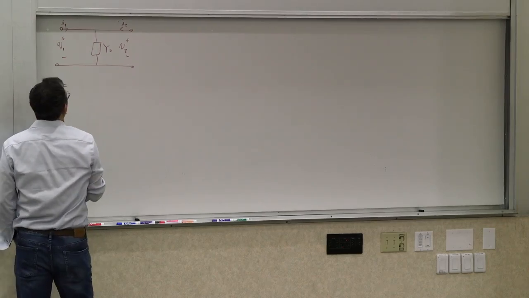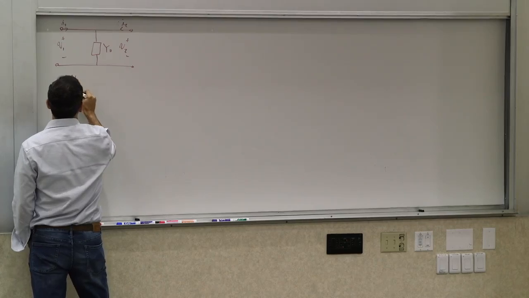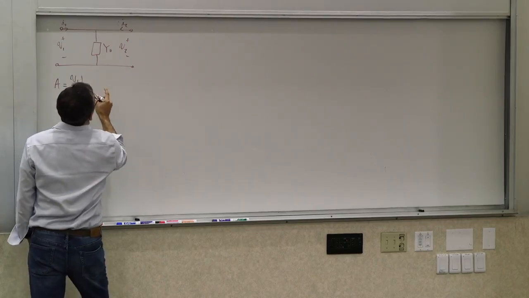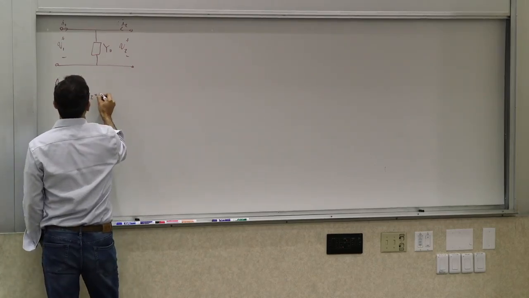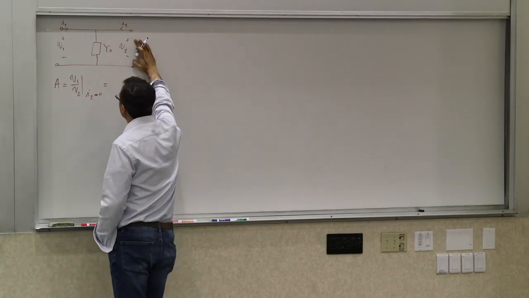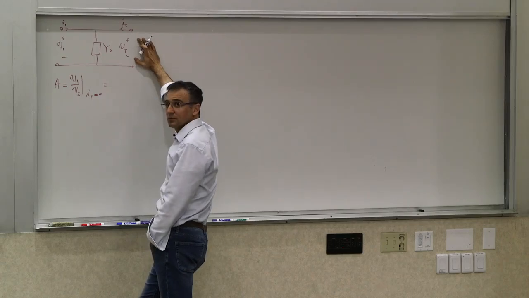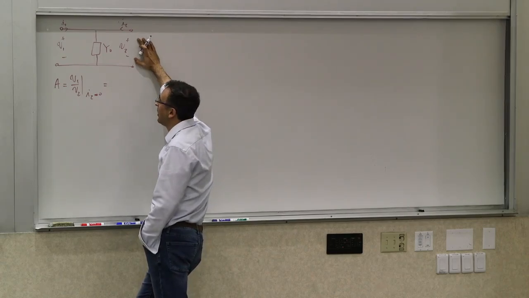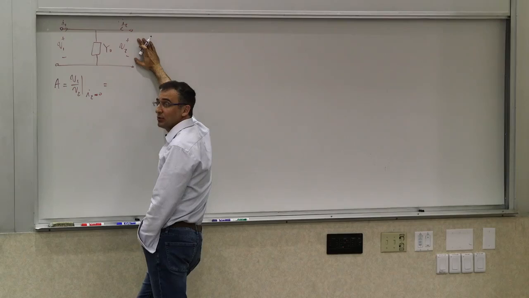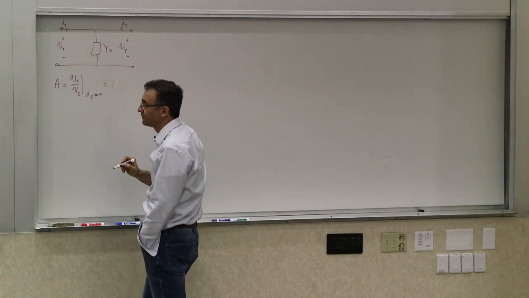So A, from the definition we had, is V1 over V2 when I2 is 0. So what is it? When I2 is 0 means that port 2 is open circuited. We apply a voltage V1 and look at V2. Now, if you apply voltage V1 and you look at V2, it's going to be the same because they're connected directly. So this is going to be 1.